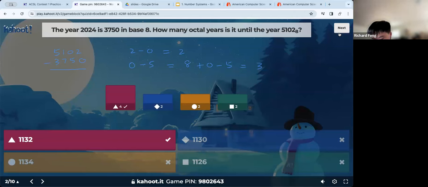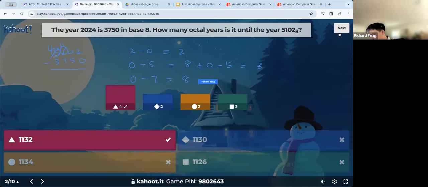And so since we carried over, this digit right here is no longer a 1, it's going to be a 0. So for the second digit from the left, we are actually doing 0 minus 7. And same thing, we have to carry over. So this digit is no longer a 5, it's a 4. This one is 0, so we have to add 8.